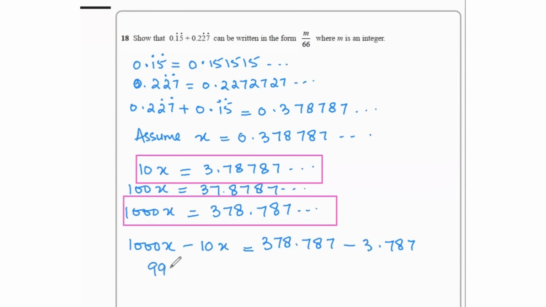That's 990x equals 375. Now x is 375 over 990, which simplifies to 25 over 66. So m is 25.